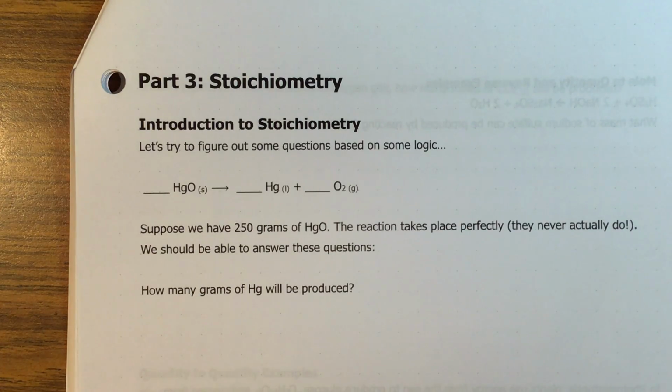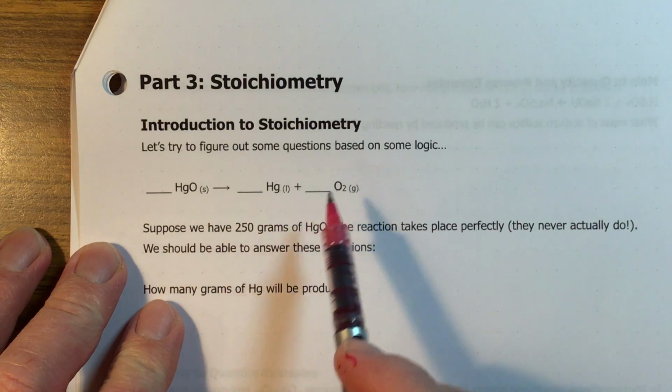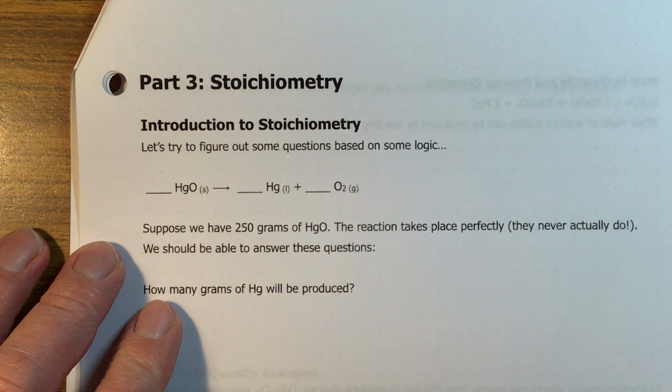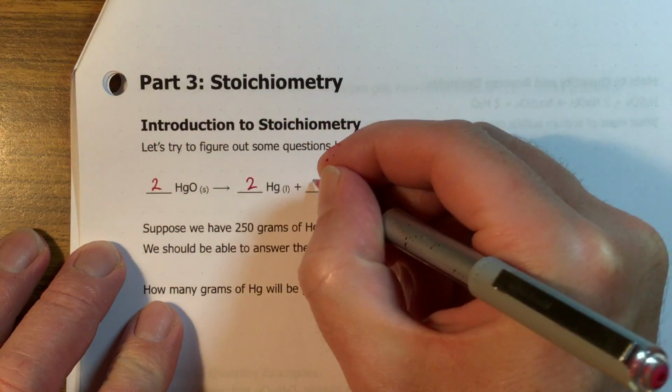Always first step, balanced chemical formula. That's step number 1. Write that down. Step number 1, balanced chemical formula. Always need that first. So let's balance this. 1 Hg, 1 O, 2 Os. I need 2 of these, I need 2 of these, and I need 1.